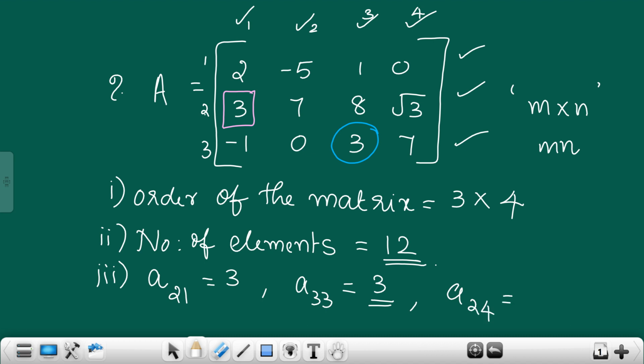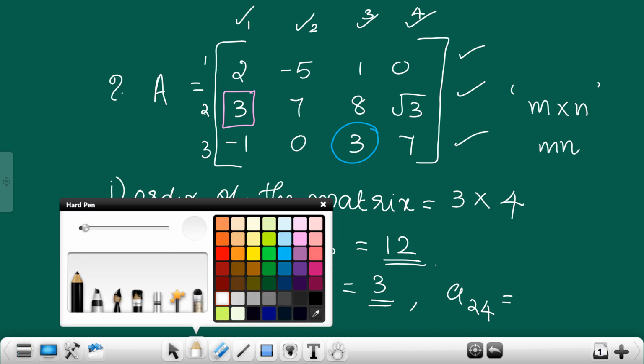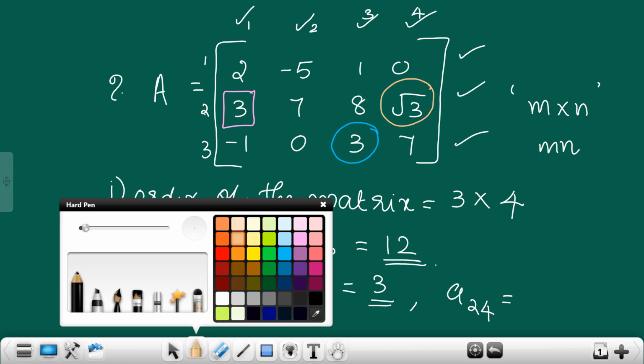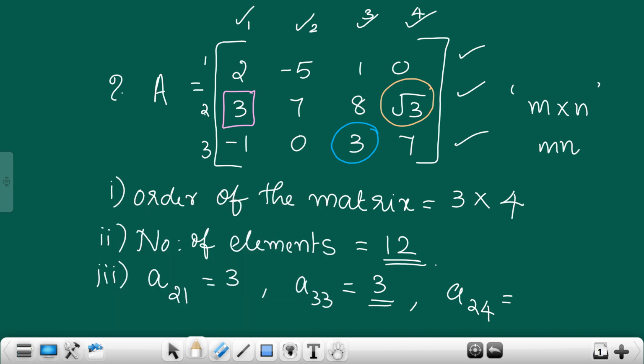A24 means this element lies in the second row and the fourth column. That element is root 3. So this is our answer. We move on to the next question.